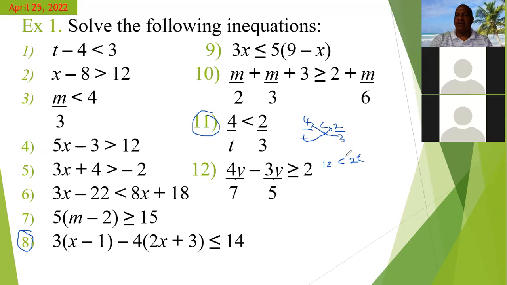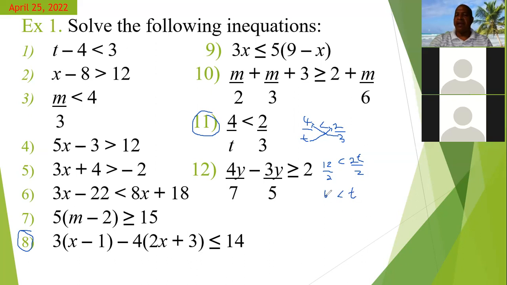And so if we divide both sides by 2, then we would have 6 on the left side less than or equal to t. And if we want to bring t on the left side, we flip around this.